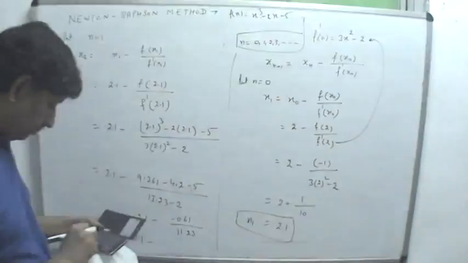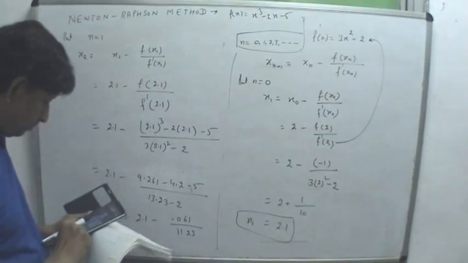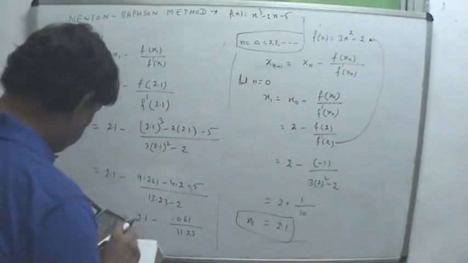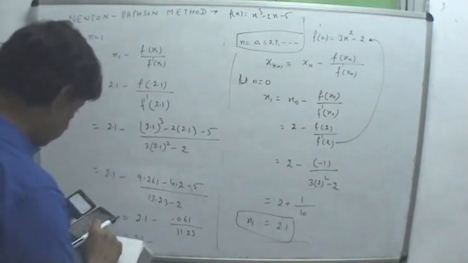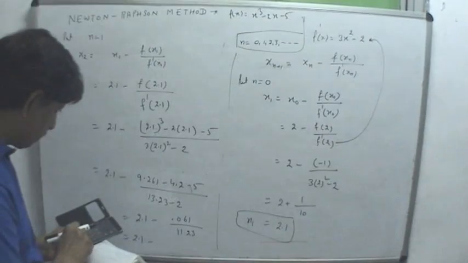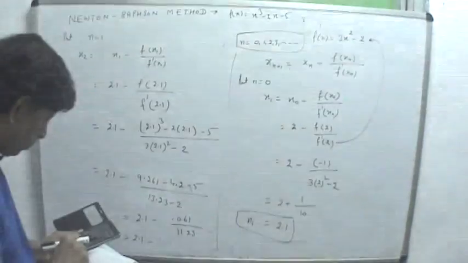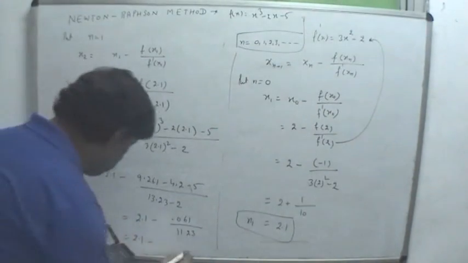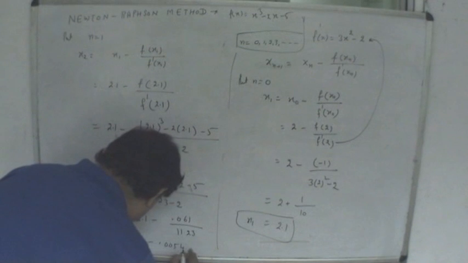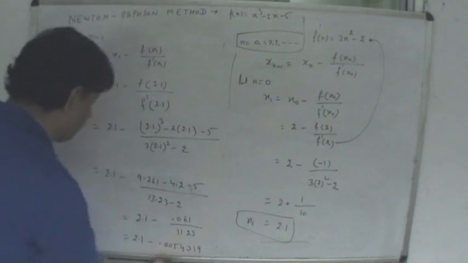0.061 divided by 11.23, that's equal to minus 0.0045439. We can approximate it.